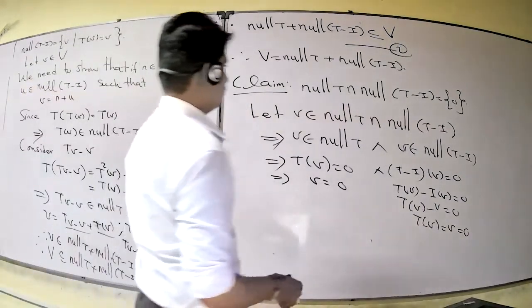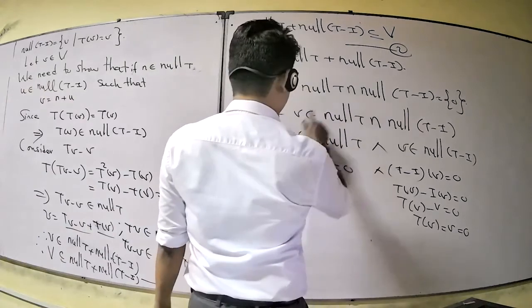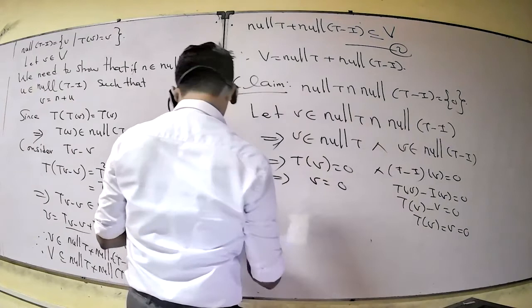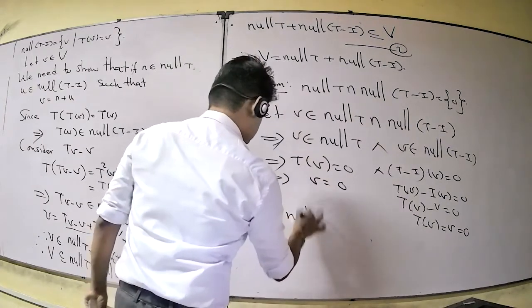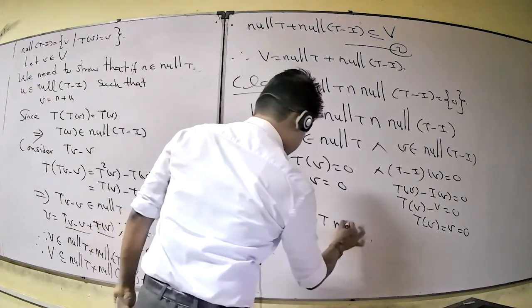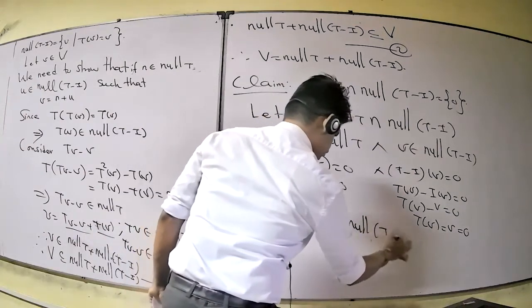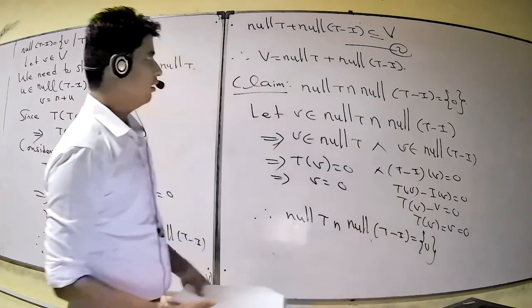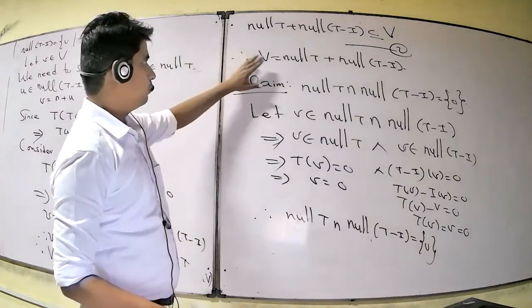Therefore, in this case b is 0. This null of T intersection null of T minus I is the singleton 0. Therefore, both conditions are satisfied.